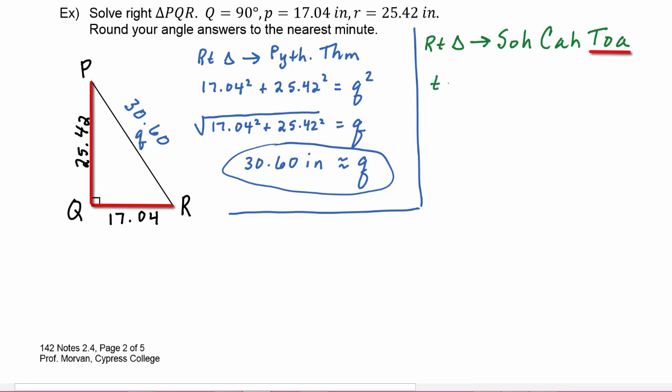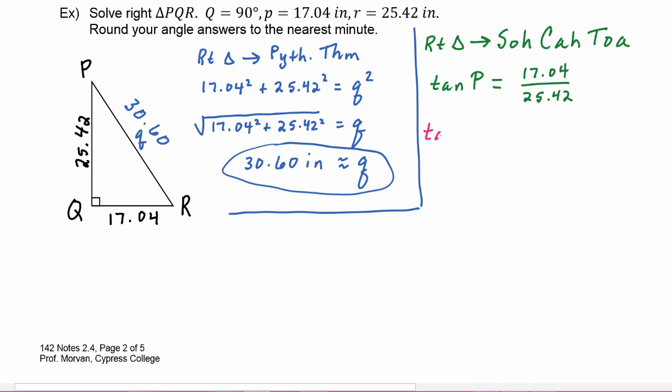So we know that the tangent of angle P is going to equal 17.04 divided by 25.42. Now remember, you have to show all of the algebra in your work, and we're going to need to take the tangent inverse of both sides.